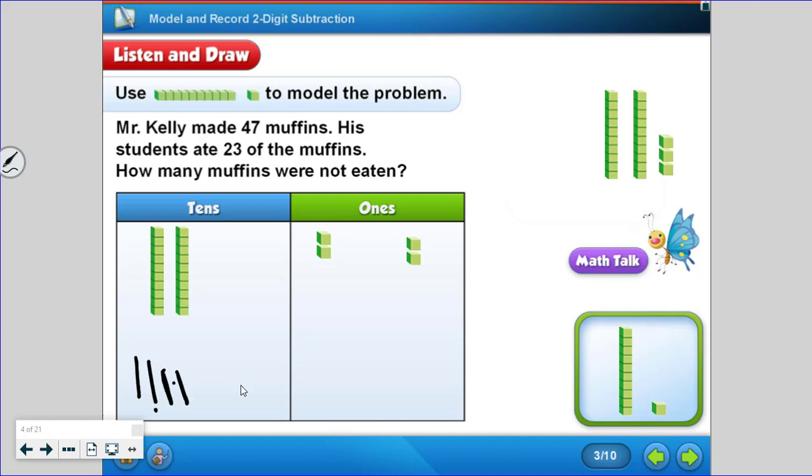Let's see, hold on just a sec. 41, 42, 43, 44, 45, 46, 47. And then we're going to take 23 away. And actually, sorry, these ones should have been over here for me.